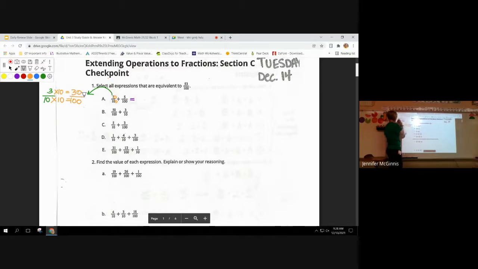Can anyone tell me where this here comes from? This is a fraction, 10 tenths. Why do we do 10 tenths? What's the purpose of that? Vlad?